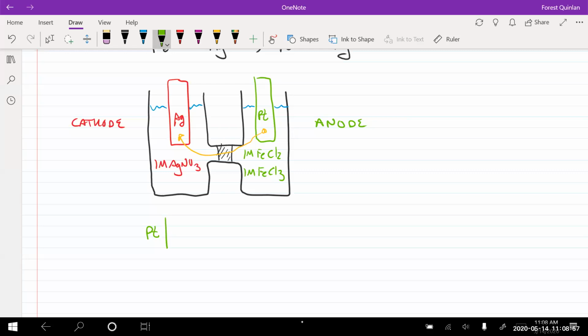No, so it looks like two solutions going on here: 1 molar FeCl2 and 1 molar FeCl3. The next thing we have are the slashes for the membrane. The next thing we see is 1 molar AgNO3. And the next thing we see is the silver.